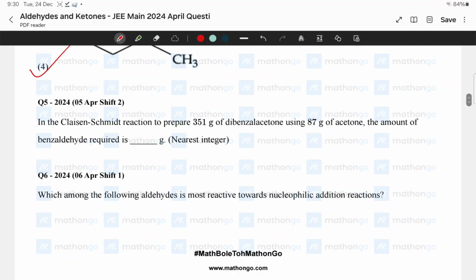Now let us look at the other question. In Claisen-Schmidt reaction, to prepare 351 gram of dibenzyl acetone using 87 gram of acetone, the amount of benzaldehyde required is? The reaction is Claisen-Schmidt reaction, a type of cross aldol reaction.